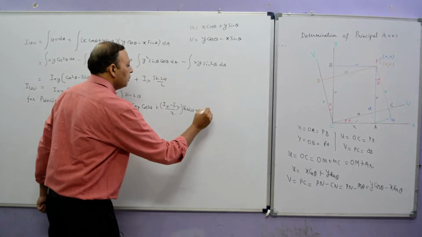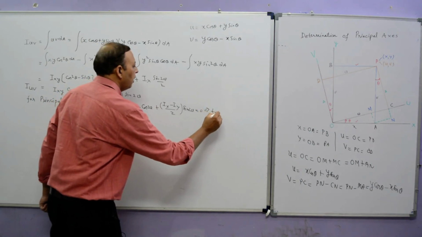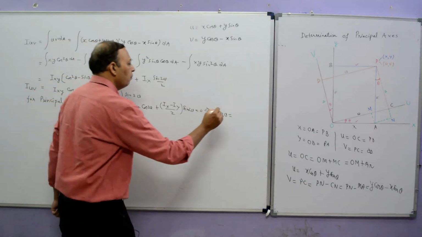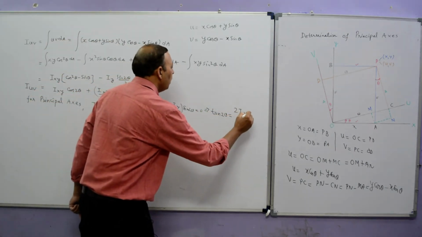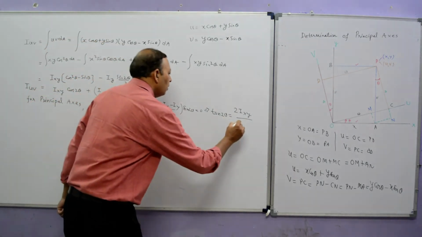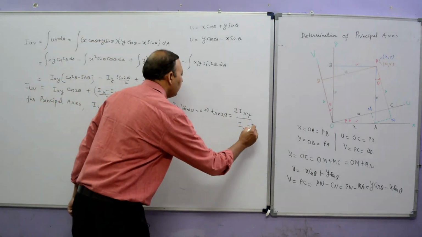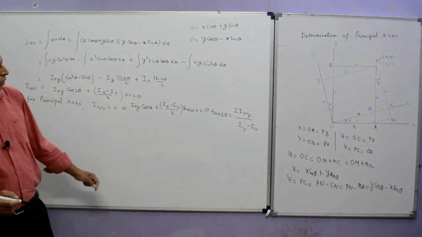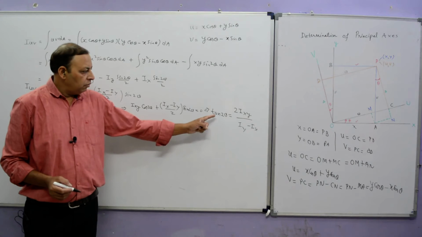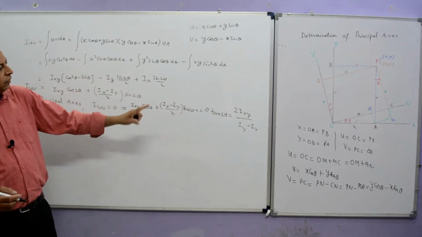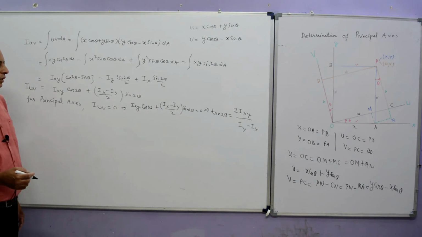Then we will get tan 2 theta equal to 2Ixy upon Iy minus Ix. So with the help of this theta, we can give the direction of the principal axis.